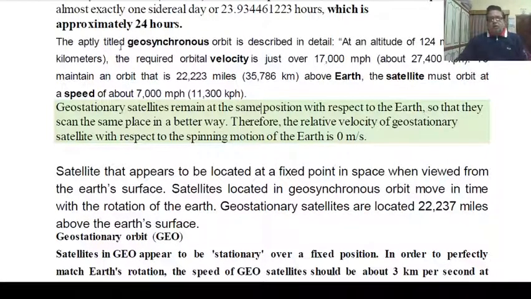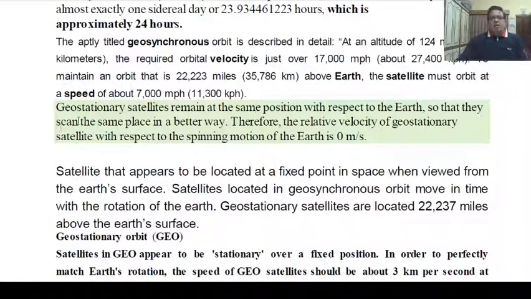So for a tilted geosynchronous orbit at 200 km, the speed is 27,400 km per hour, and if the height is 35,786 km, then the speed is 11,300 km per hour.